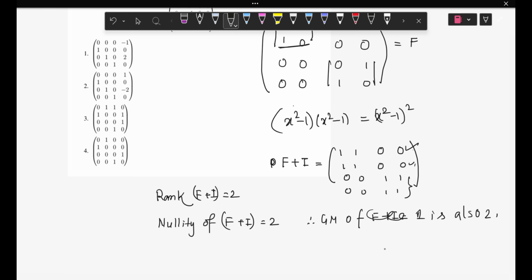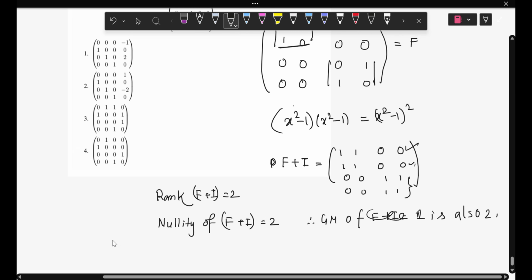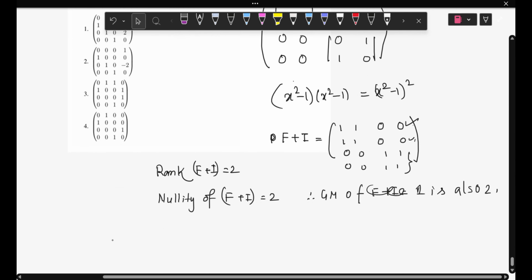But for the given matrix A, if you calculate the geometric multiplicity, you would get 1. How?